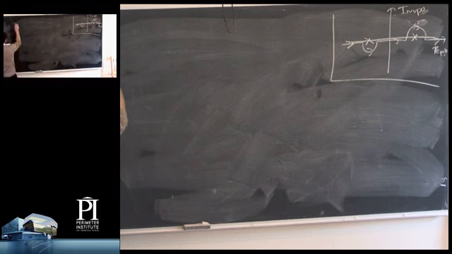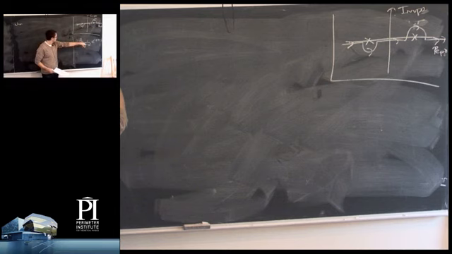So let's do this. Let me just write here the integral as well. This is the integral we're trying to evaluate, and in particular, we're doing the P0 part of this integral.